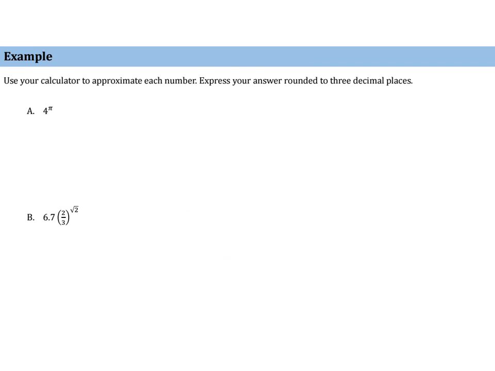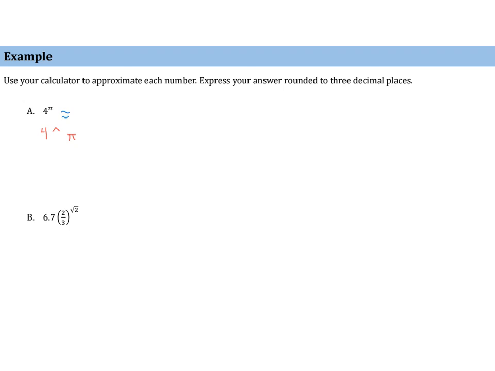Now, we can use our calculator to approximate these. So if we want to find 4 to the pi, on our calculator, we're going to find the caret key, which looks like a little up arrow. So 4 caret, and then we'll use the pi button. And so 4 to the pi is approximately, go ahead and punch it in your calculator and see what you obtain.